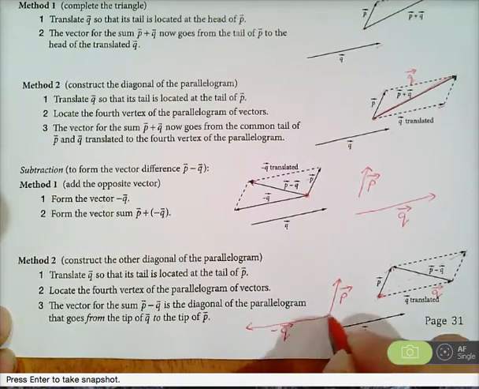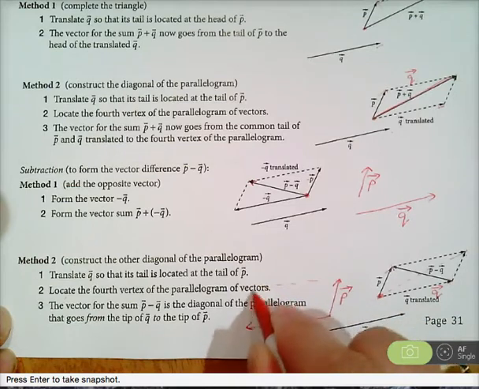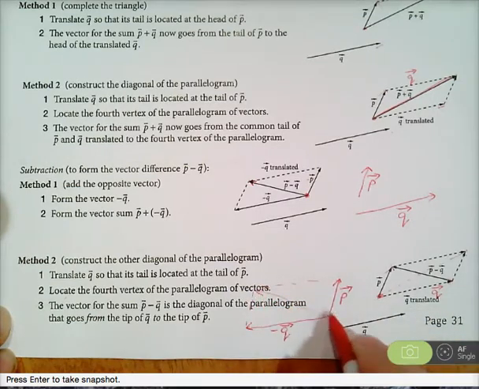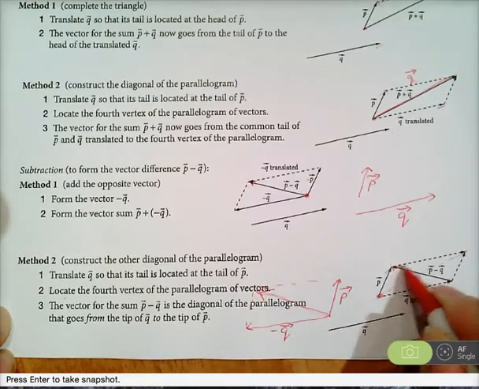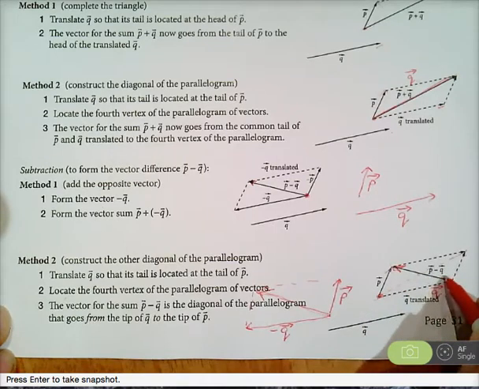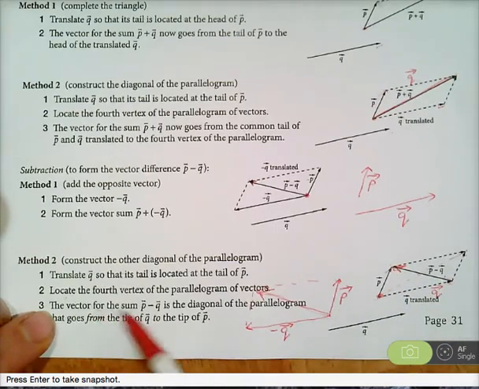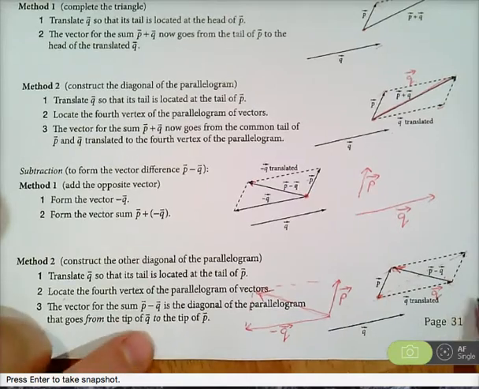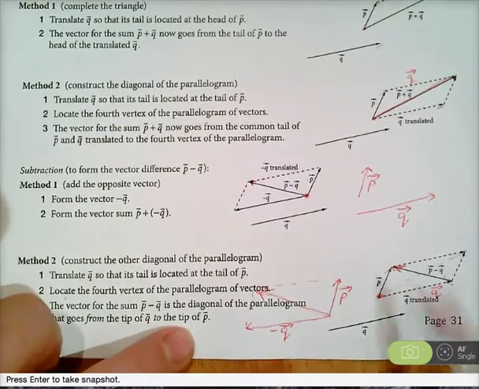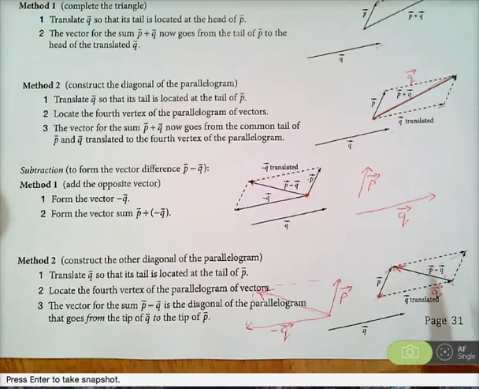So therefore the addition, if I form my parallelogram over here, then P minus Q is this vector going like that, which happens to be this one here, which is what they've got on the diagram. So therefore this here is P minus Q. So the vector for the sum P minus Q is this diagonal here of the parallelogram that goes from the tip of the normal Q to the tip of the normal P, okay?